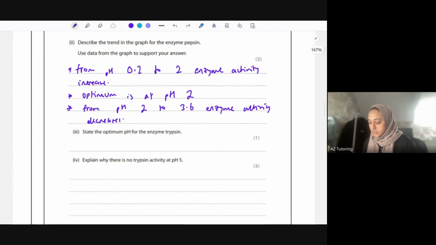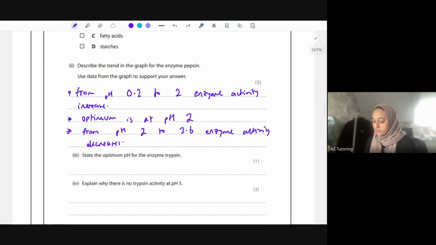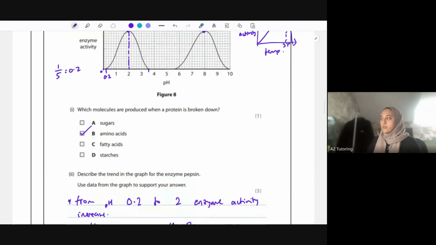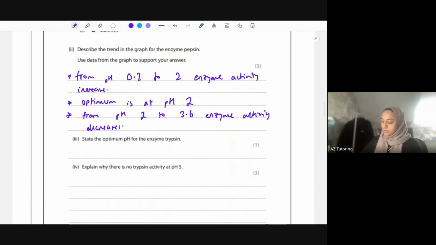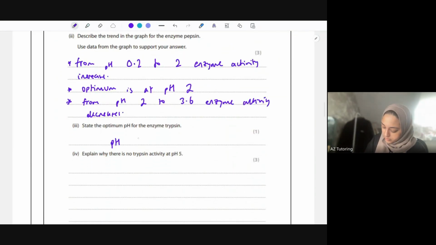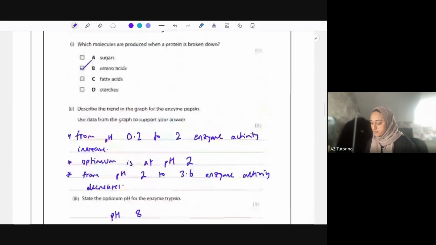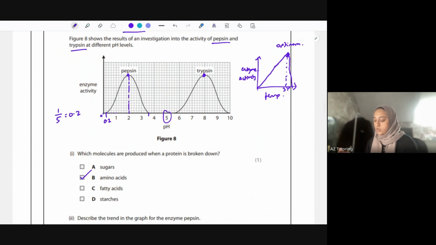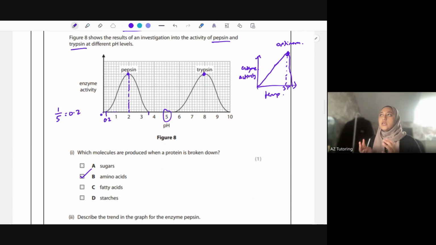It says here, state the optimum pH for the enzyme trypsin. So trypsin is this one, and the optimum is over here at 8. Okay, so we'll just write pH 8. It says explain why there's no trypsin activity at pH 5. So pH 5 is over here, so why does trypsin not work there at all? Well, 5, if you think about the pH scale, that's very acidic.